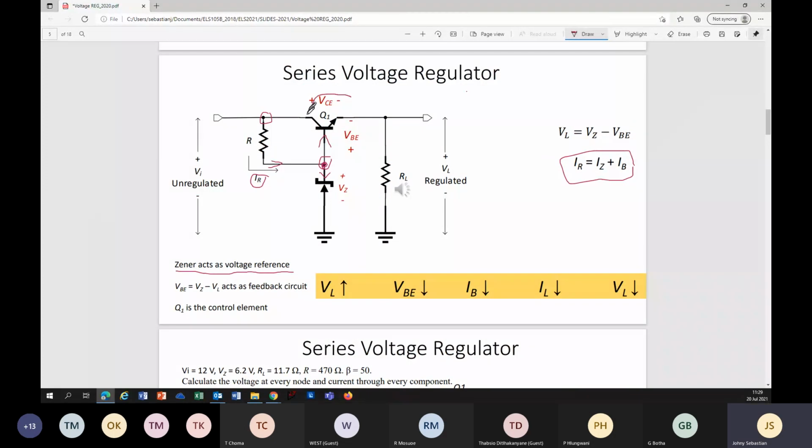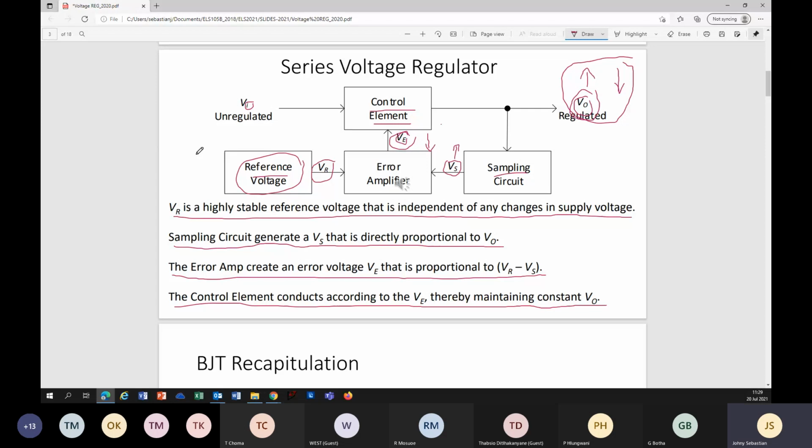Then, what is your Q1? Go back and look up there. What must be your Q1 according to the block diagram? The control element. Exactly. Why control element? Because we can see the position. One end of the control element is VI unregulated.